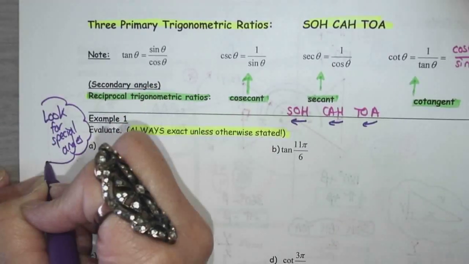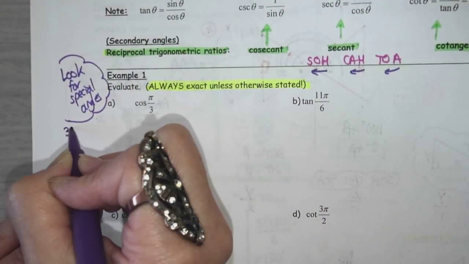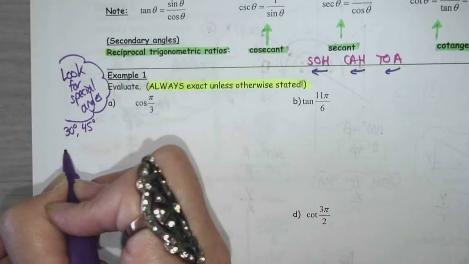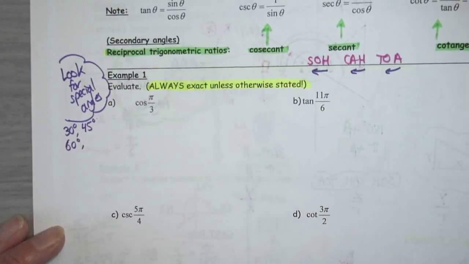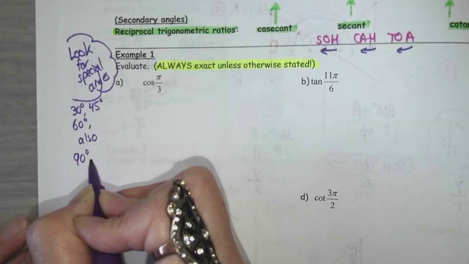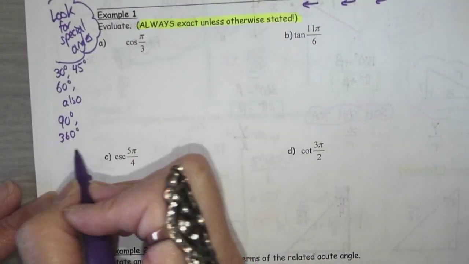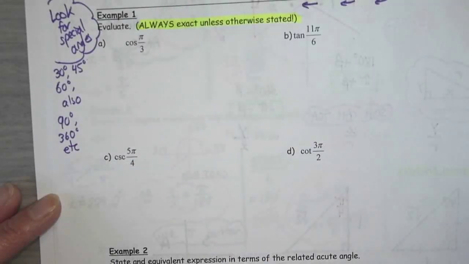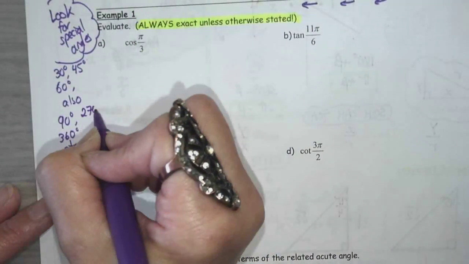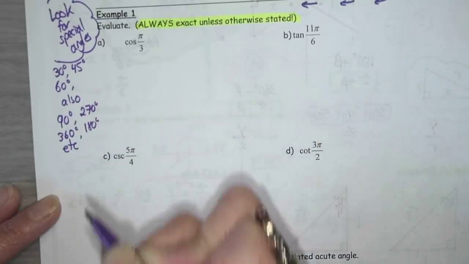Anything that combines 30s, 45s, 60s, also 90, 360, 270, 180s. Does that make sense?